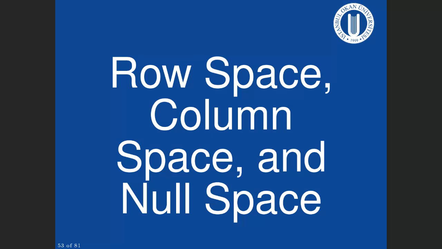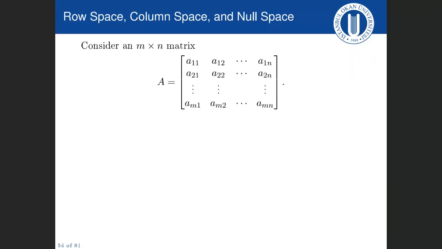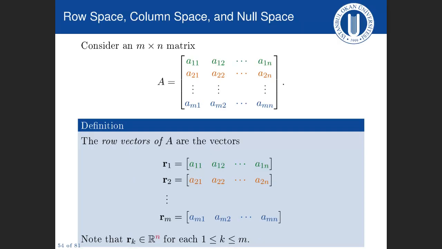Our final idea for this week's lesson is about row space, column space, and null space. Consider an m by n matrix. The row vectors of A are this.